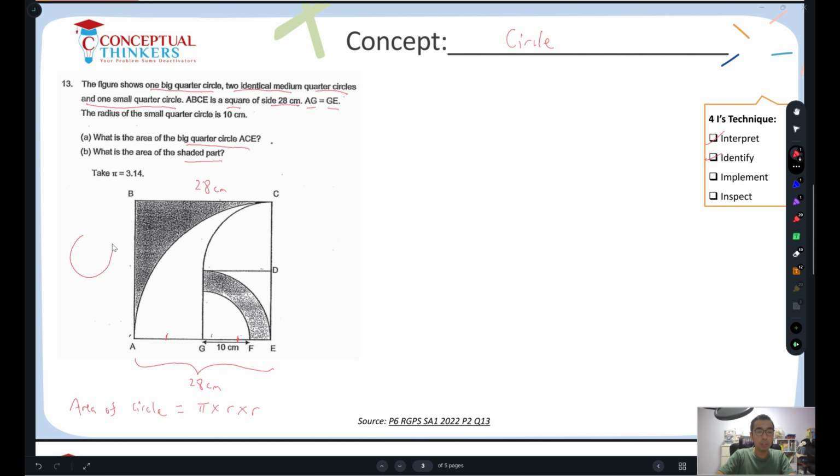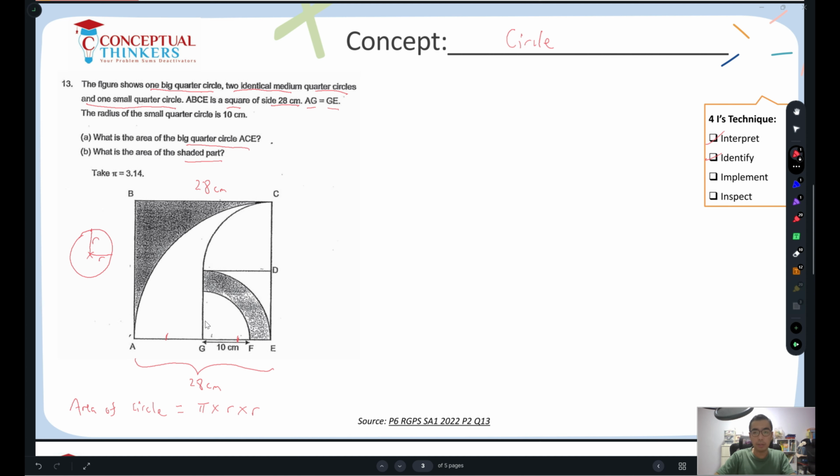So if I draw a circle here, this is the center of the circle. So any point on the circle you join to the center, this is called radius. Okay, now for a quadrant, so let's draw a quadrant here. So this is actually a quadrant, right? So all this straight line is actually the radius of the quarter circle.